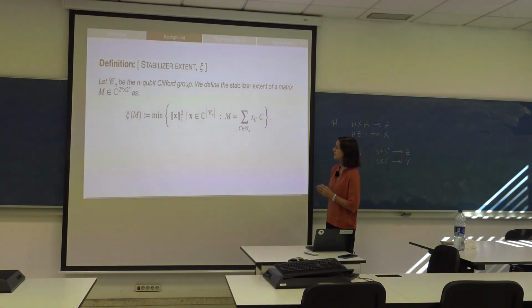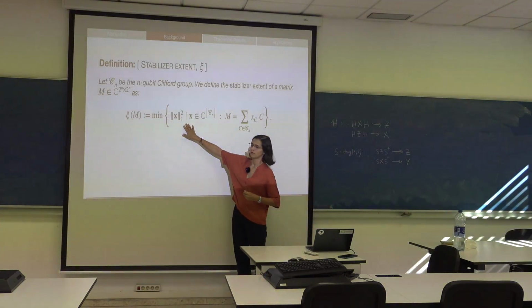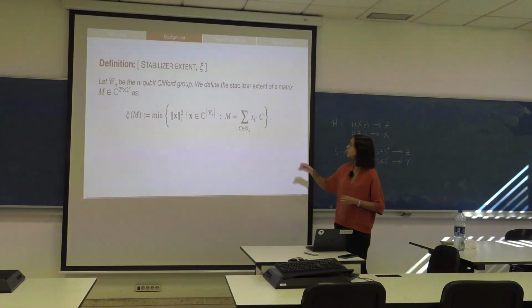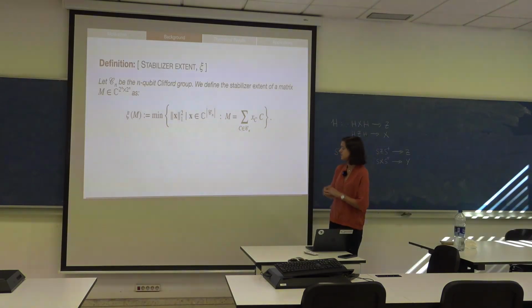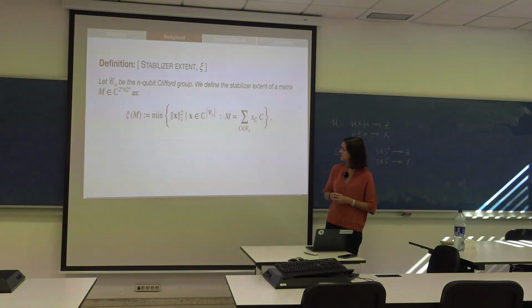The stabilizer extent is defined precisely as the minimum of this one norm squared for some matrix M. Here we define it for general matrices, not necessarily unitary, just because in the context of our work, it's necessary at some point to allow for other more general matrices.